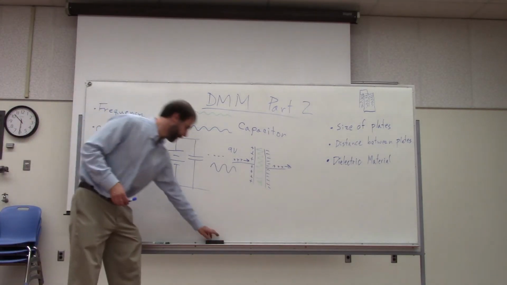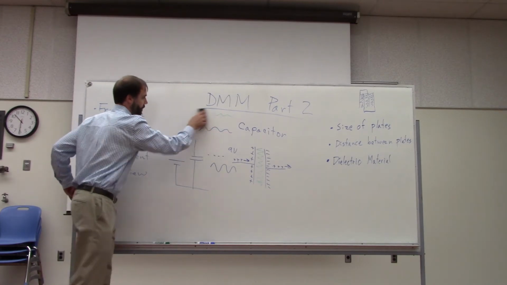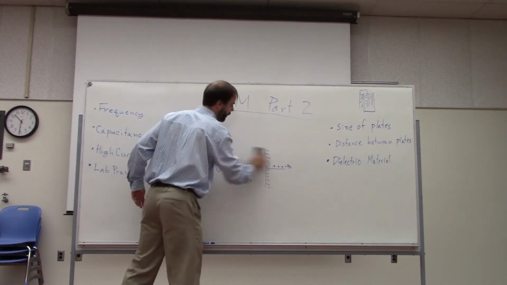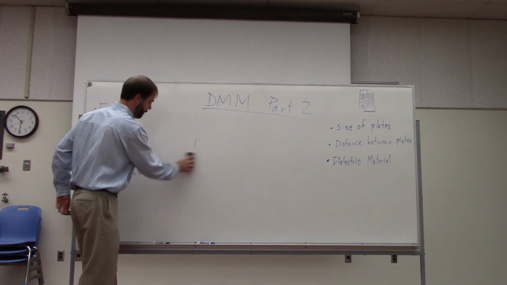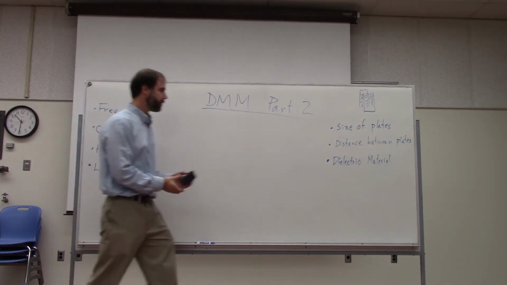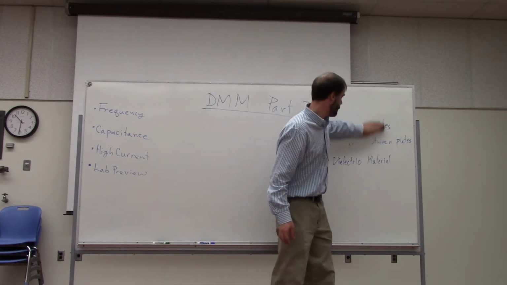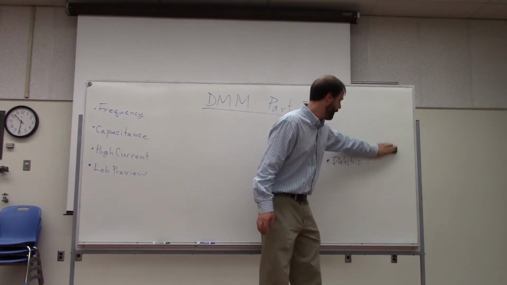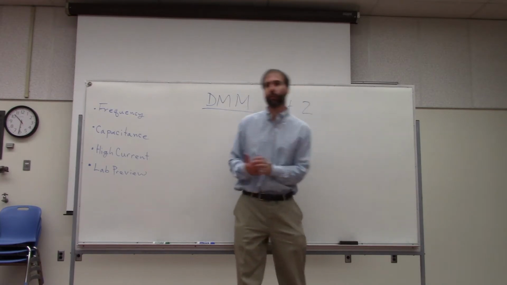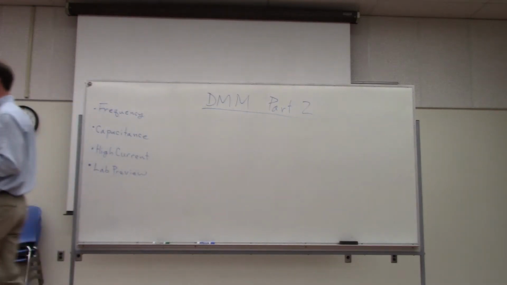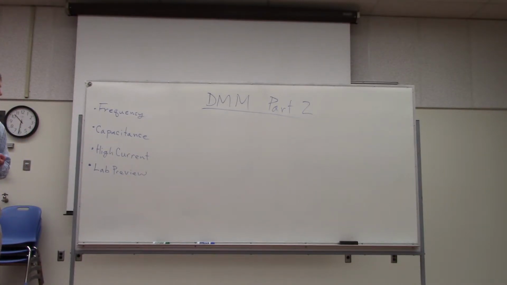So then, high current. There's not a whole lot of theory behind high current. Basically, in many applications, you only want to measure small amounts of current, but in certain circumstances, especially automotive applications, where you have more electricity flowing, you have to measure high current, and the meter can do that.